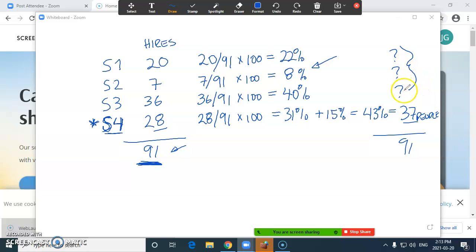How you figure out these numbers is you want to figure out how these numbers here are related to each other without the 28, without source 4. So we're going to figure out how source 1, 2, and 3 are related to each other proportionally, eliminating source 4 for now.